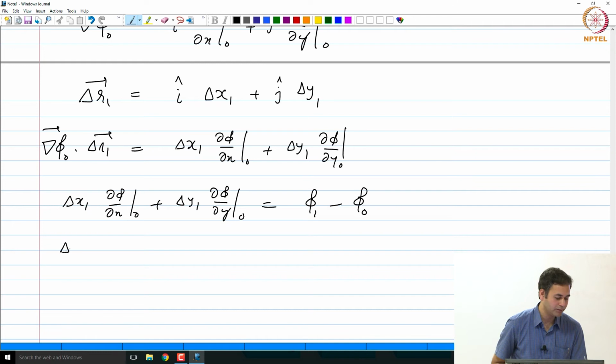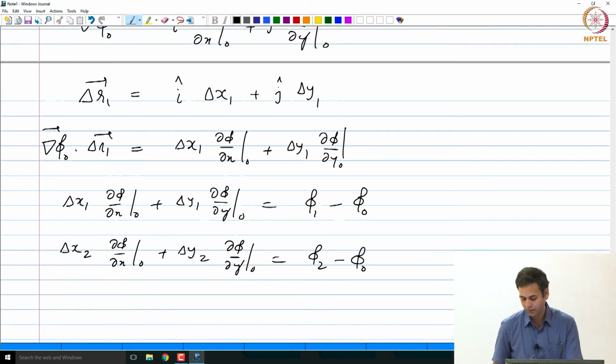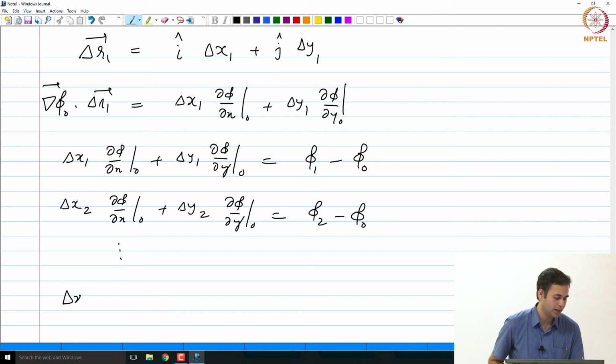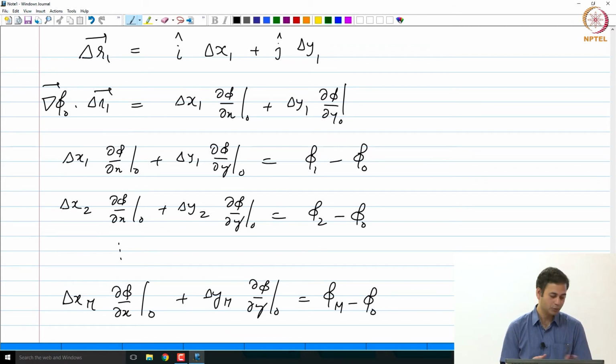Similarly, I can write an equation for the second cell value that we reconstruct as delta x2 partial phi partial x0 plus delta y2 partial phi partial y0 equals phi 2 minus phi 0, and so on. Delta xm partial phi partial x0 plus delta ym partial phi partial y0 equals phi m minus phi 0 if we have m cells, or this would be j for a particular jth cell.